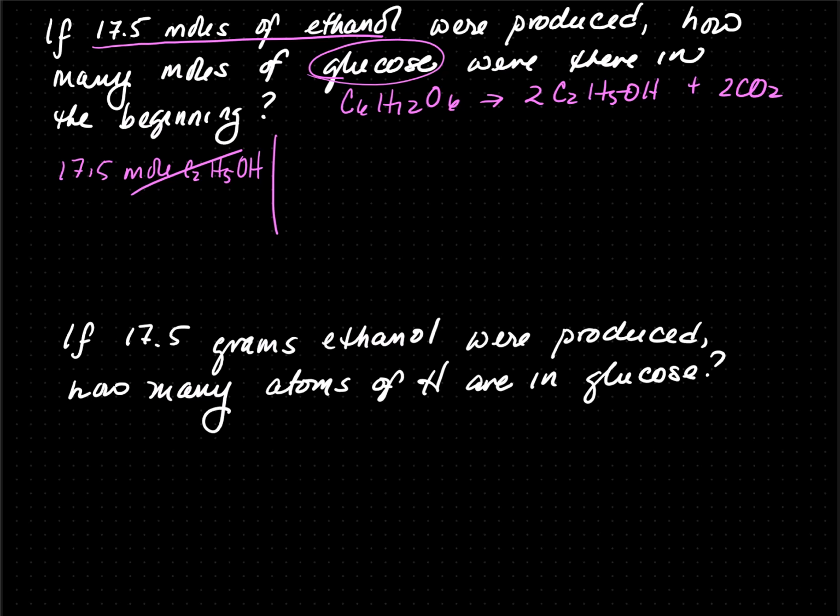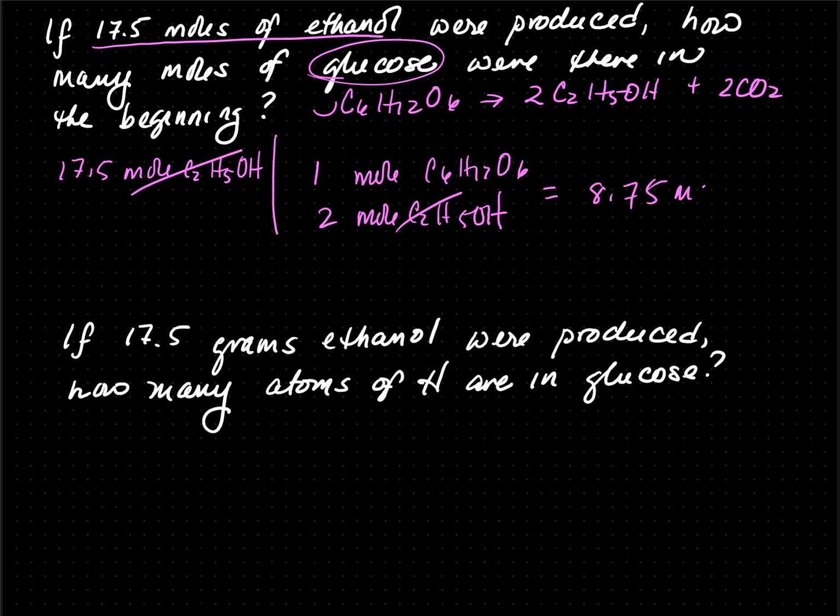Since it's moles of ethanol, my diagonals have to be moles of ethanol, and I'm going to moles of glucose because I'm at mole ratio right now. The number in front of glucose is the coefficient 1. In ethanol, it's 2. So 17.5 times 1 divided by 2 equals 8.75 moles.